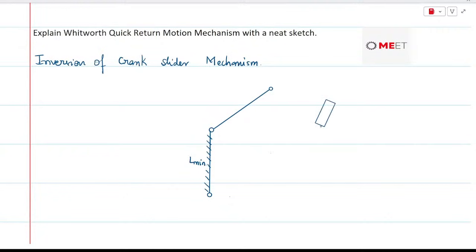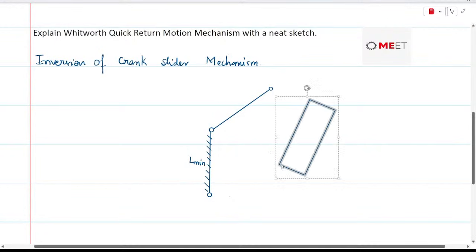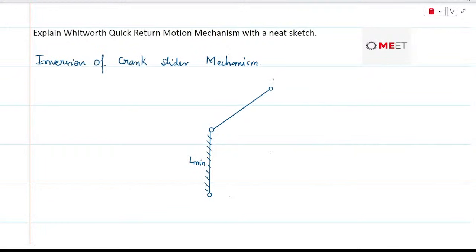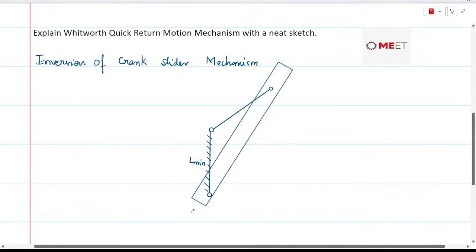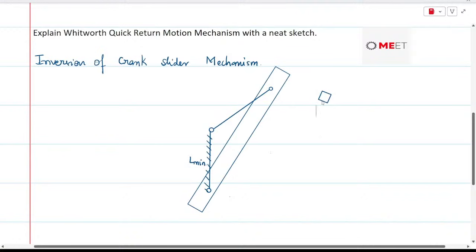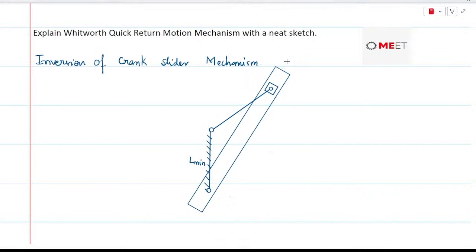There will be another link, that is the slotted bar. Let me just draw the slotted bar. The slotted bar would be like this. On this side, there is a piston. The piston is going to move along the slotted bar.